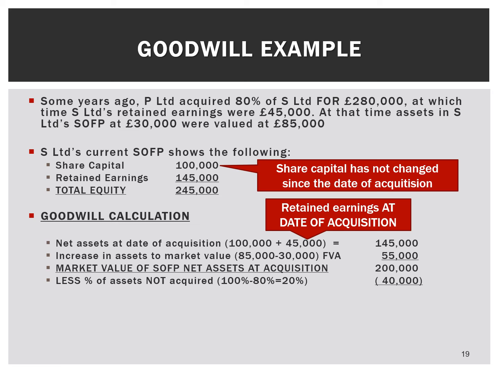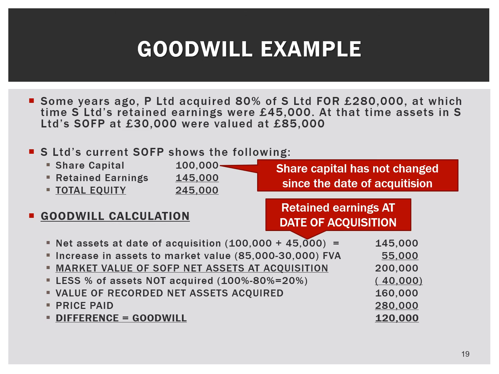That's 20% in this case, leaving the assets that we're now indirectly owning, which are worth at the date of purchase of the shares £160,000. If we then compare that value with the price paid, then the difference, and remember that's the definition in IFRS 3, the difference between the value of assets acquired and the price paid, that's the goodwill figure, which in this case is £120,000.